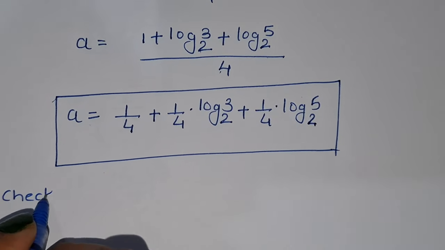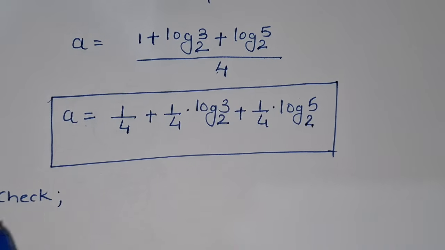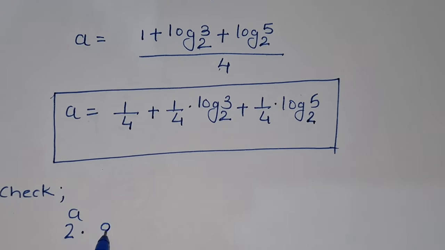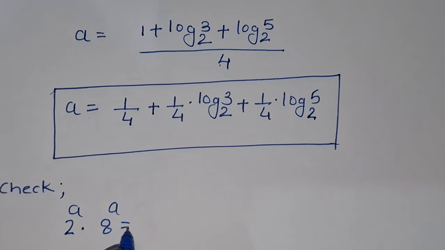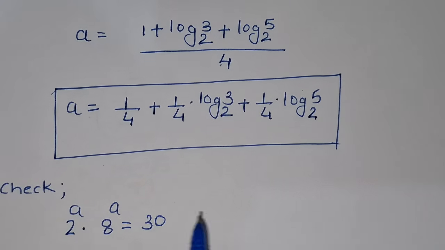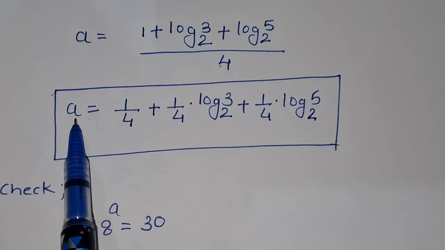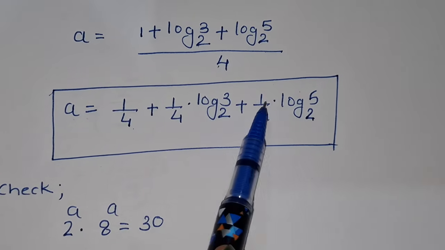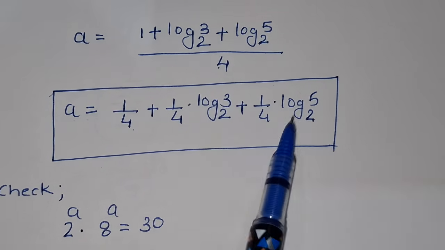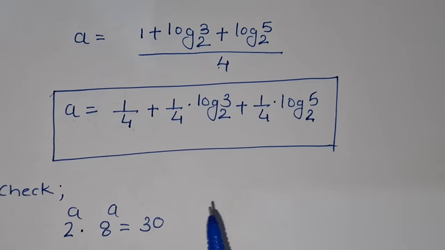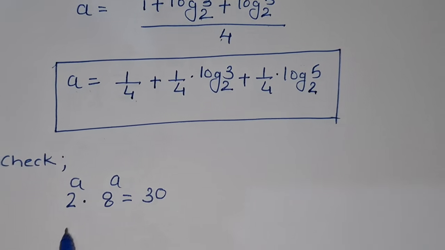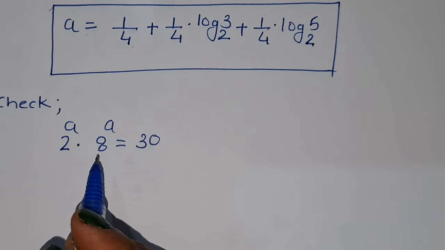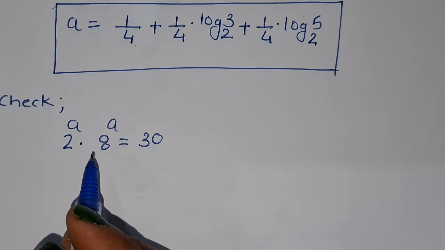So check here. Question is 2 power a times 8 power a is equal to 30. Now we have to substitute the value of a, that is 1 upon 4 plus 1 upon 4 log of 3 to the base 2 plus 1 upon 4 times log of 5 to the base 2, right? First we have to simplify this, the same way we solved the question.